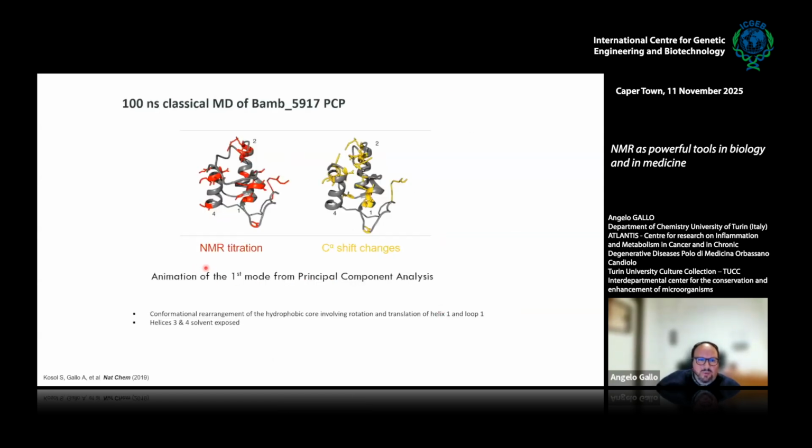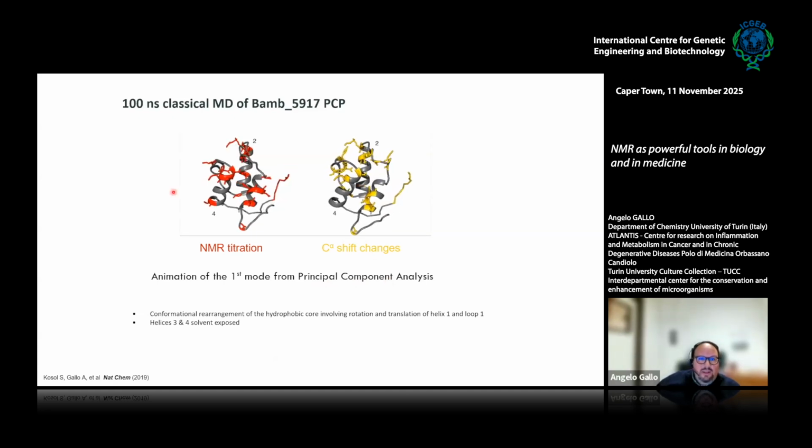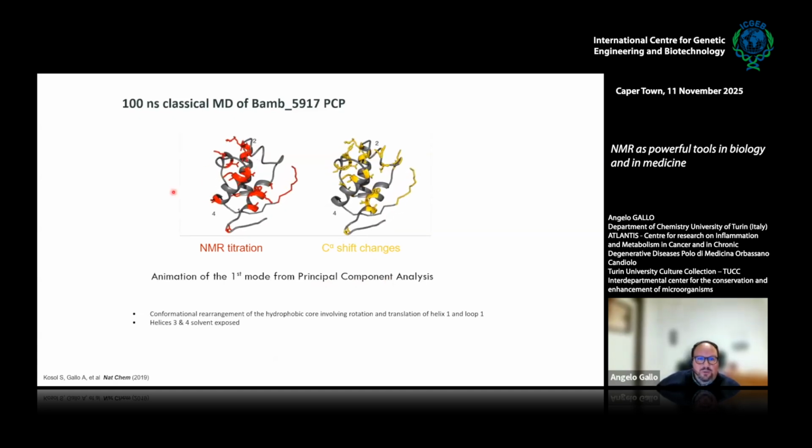In this case, we did the analysis of the NMR titration residues and the C-alpha chemical shift changes. In the animation, keep in mind that it's looking at the first mode of the principal component analysis. You can see here how the motions start to correlate with each other. So the C-terminal and the hydrophobic core are twisting.